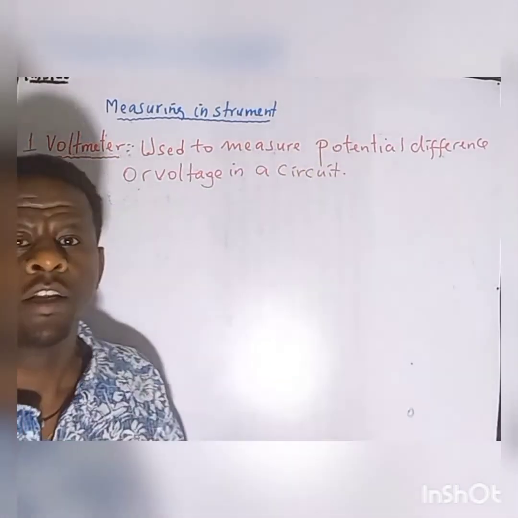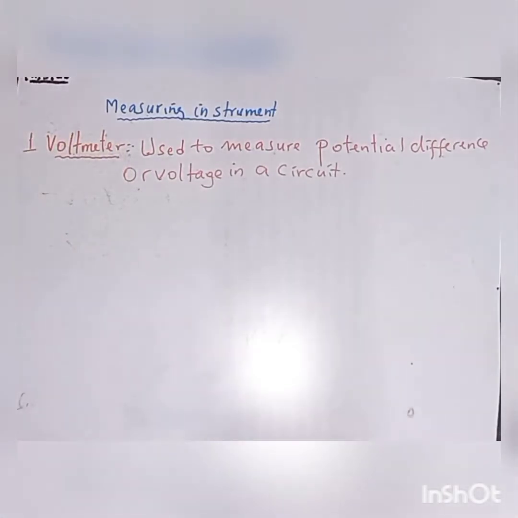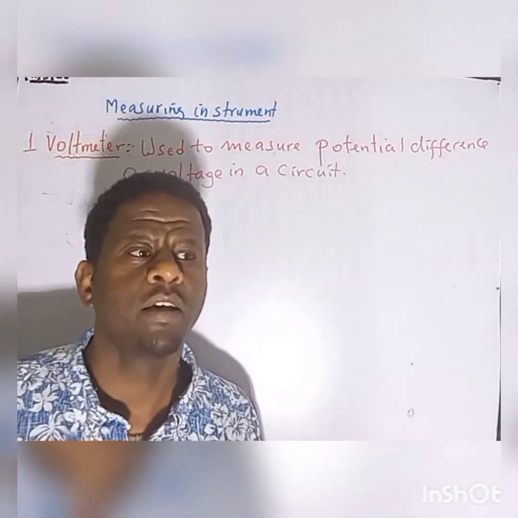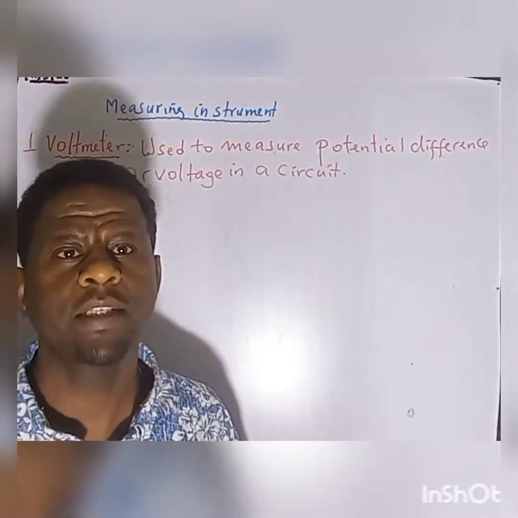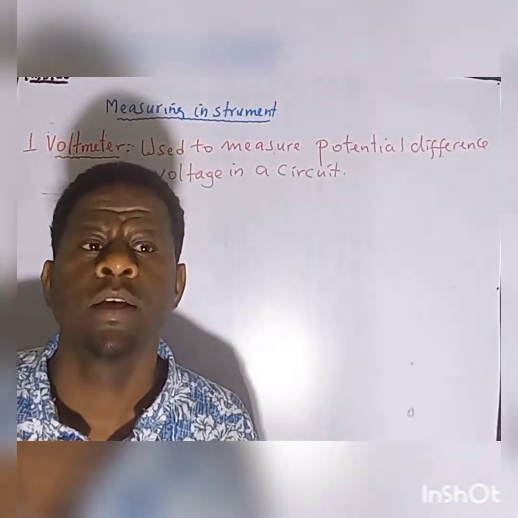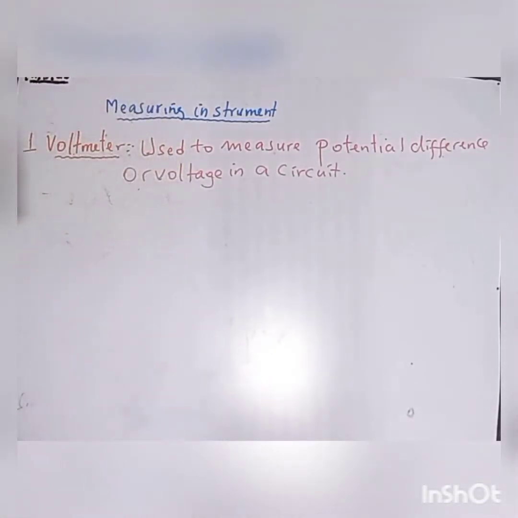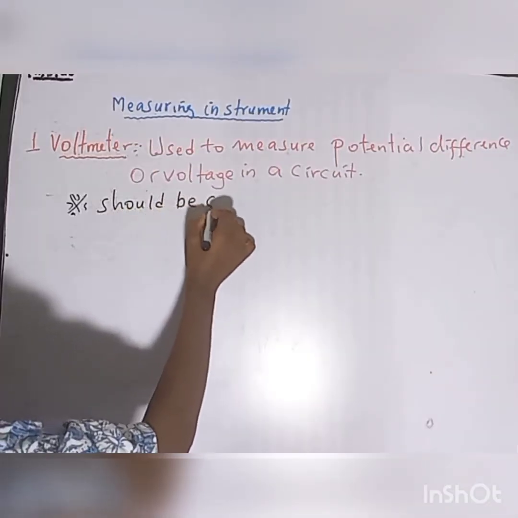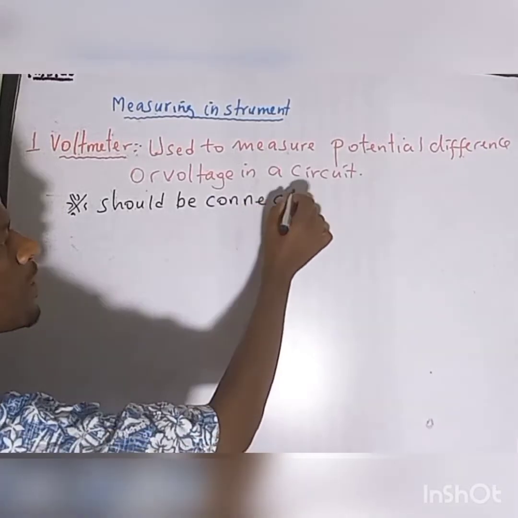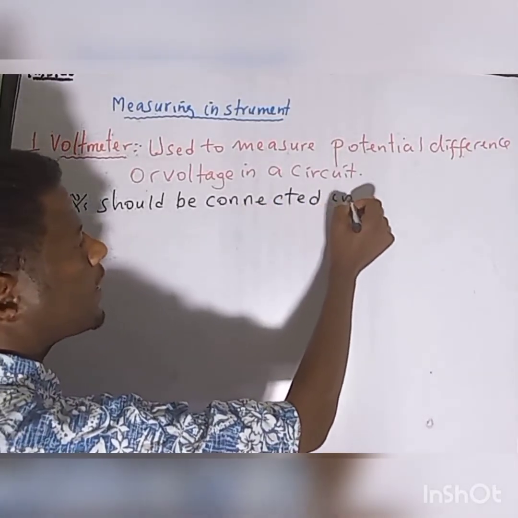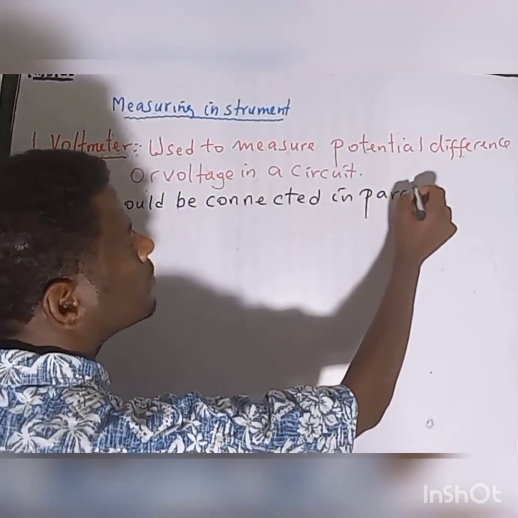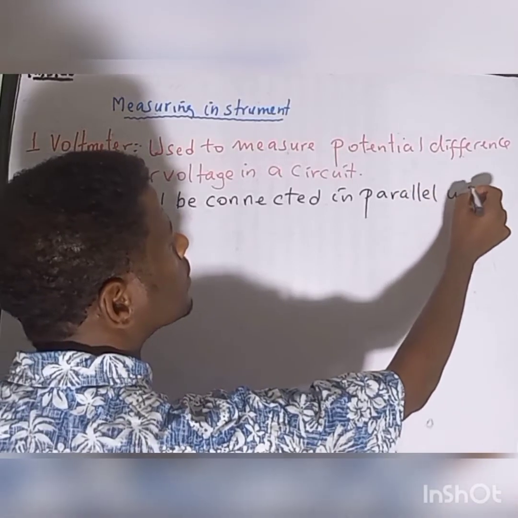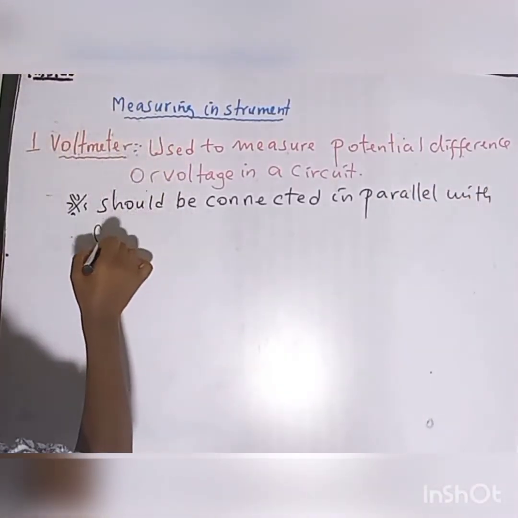And to measure a voltage or a potential difference, a voltmeter should be connected in parallel with other components of the circuit.